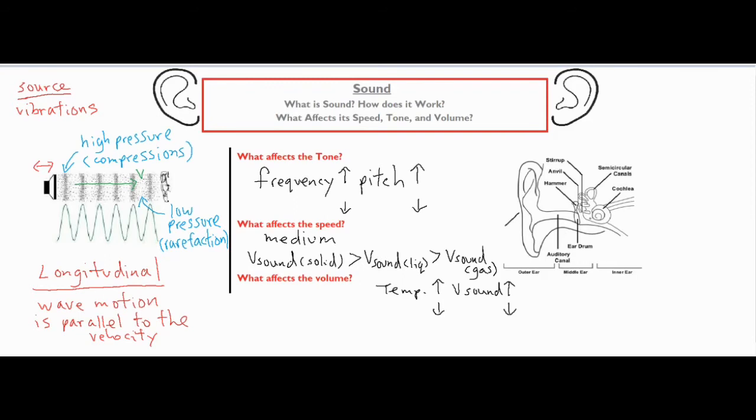When you're sending sound waves through a particular medium, it's difficult to change the speed of it.